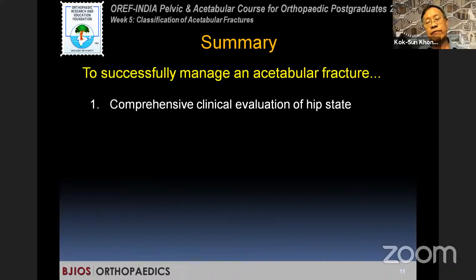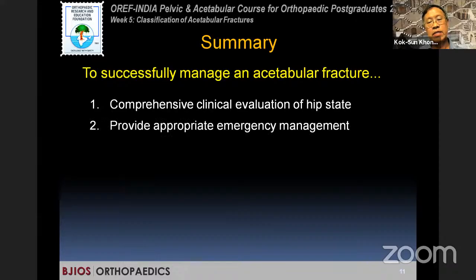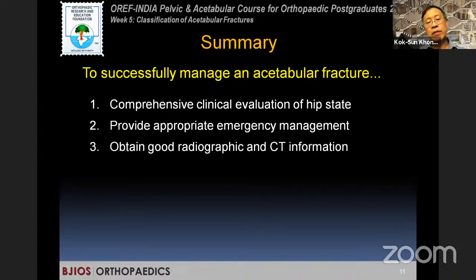And also whether the fracture is dislocated or the head is dislocated or associated with head fractures. You have to provide the emergency management, which is to try to preserve the femoral head by reduction techniques, for example, and then obtain good radiographic and CT information, which nowadays is easy. Then derive your fracture classification.